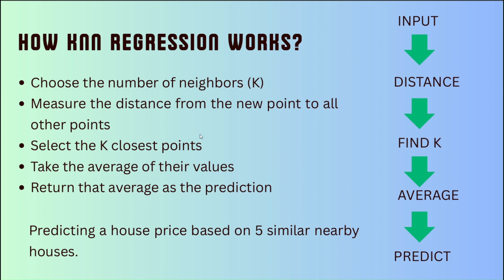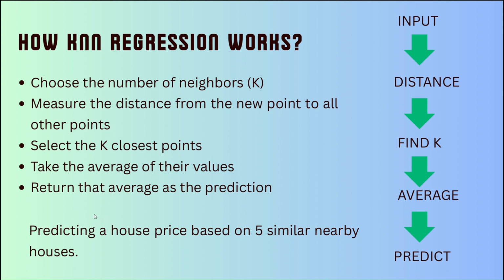When the distance is high, you don't need that one, and when you find a lower distance one, you'll take that one. So we measure the distance from the new point to other points, and then we find the closest points, take the average of their values, and we get the predicted average value. So this is how the process works in regression.